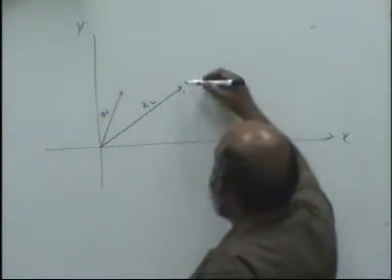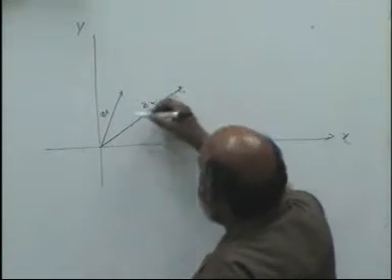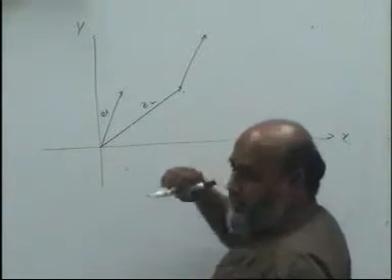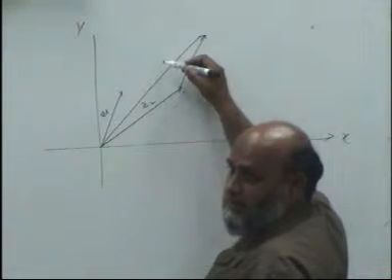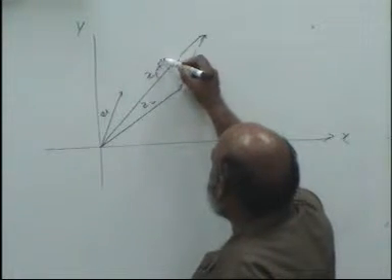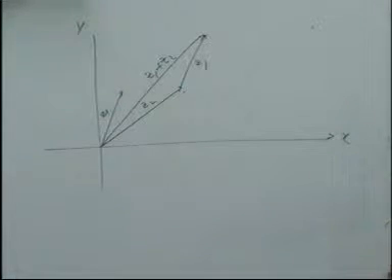So in case of vectors, we must draw a parallel vector to this vector. Say this is a parallel vector to this vector, then there must be a resultant vector over here, and this is z1, so it is z1 plus z2. This vector from here up to here is z1 plus z2. The addition is very much similar to the addition of vectors, using the parallelogram law.